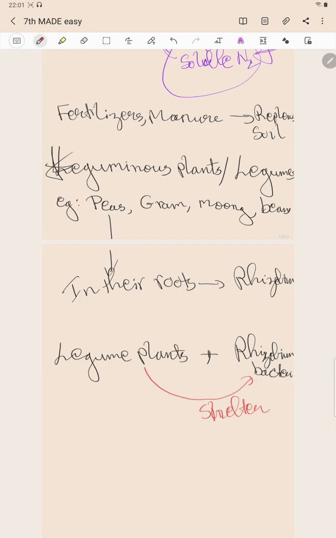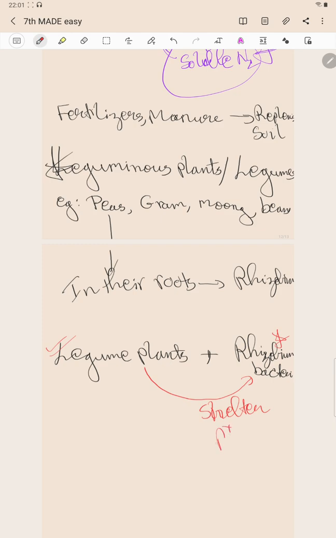Usually shelter is like, if something can get destroyed by an object and then somebody else prevents it, that is good for the organism. Here Rhizobium bacteria can be killed by foreign organisms, but that is avoided by the presence of the roots of leguminous plants. So the roots of leguminous plants provide shelter to the bacteria.